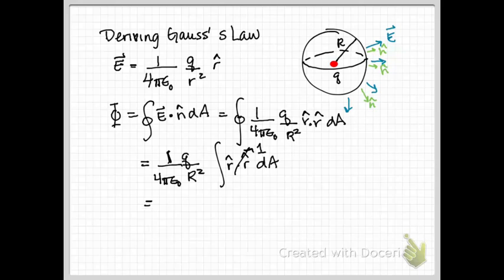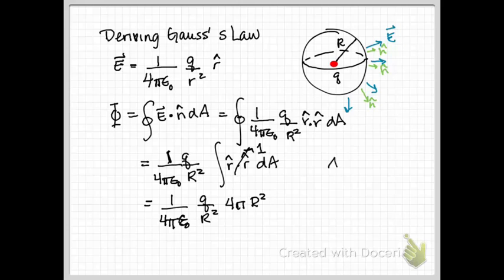And we have 1 over 4 pi epsilon naught, Q over r squared, times the integral of dA, which is 4 pi r squared.